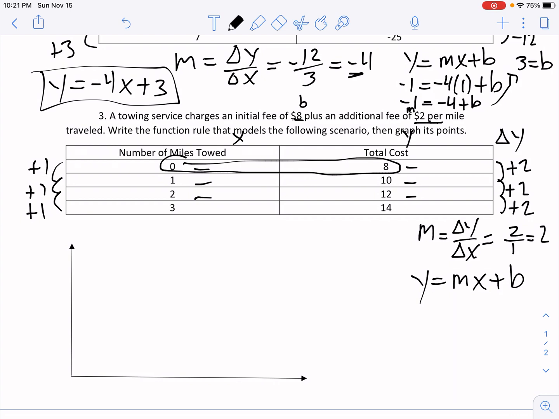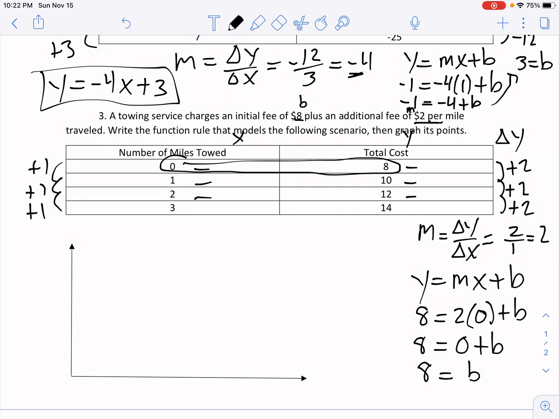My y is 8, my m is 2, and my x is 0. Plugging this in, we have 2 times 0 is 0, so I get 8 equals 0 plus b. Is 0 plus b really anything I need to write? I could subtract 0 over, but I'm still going to get 8. So really, we just get 8 is b.